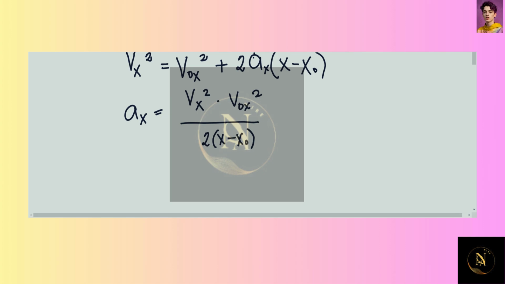Since the car's initial position is 0, then x sub naught is equal to 0.